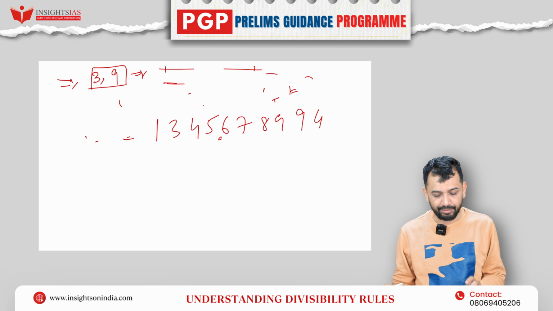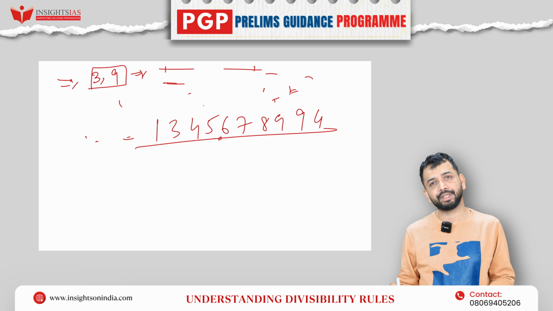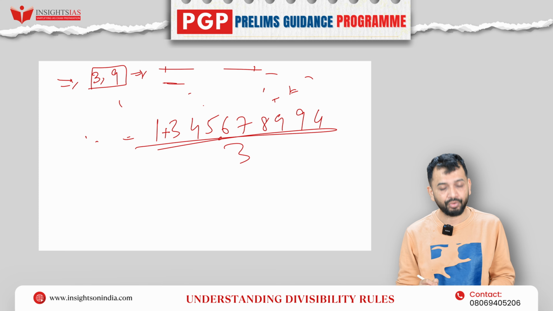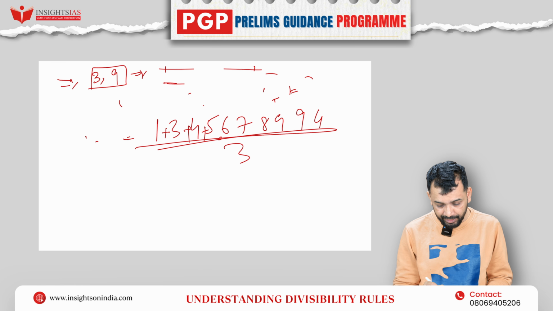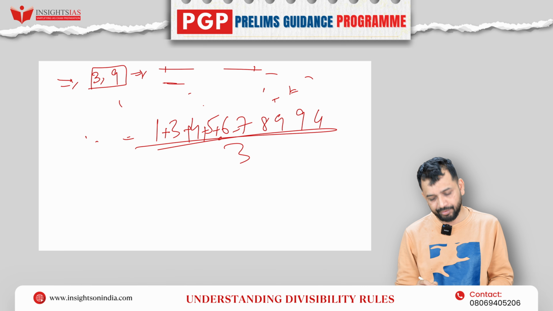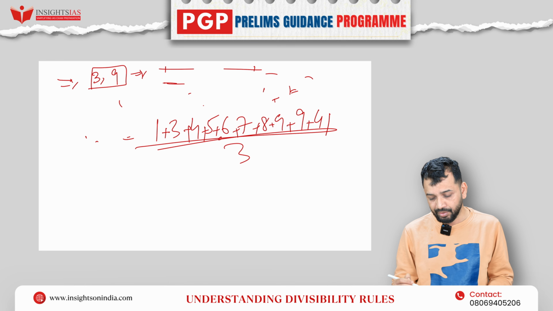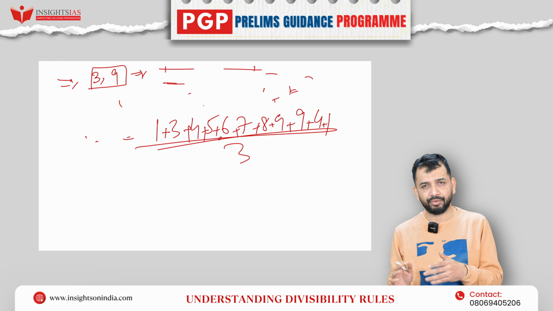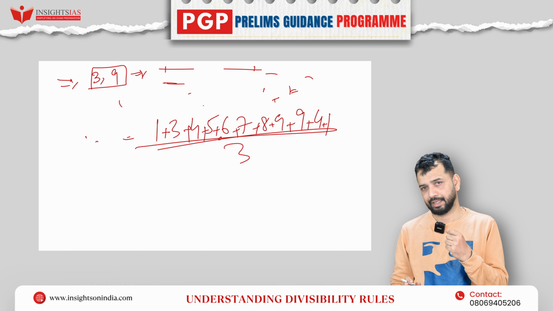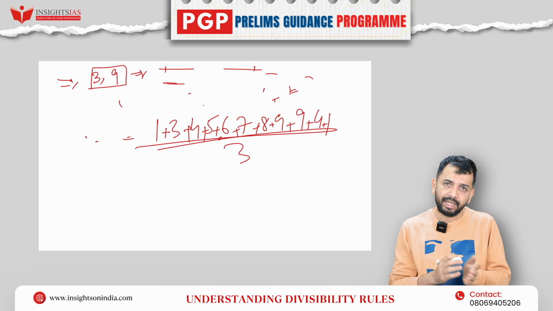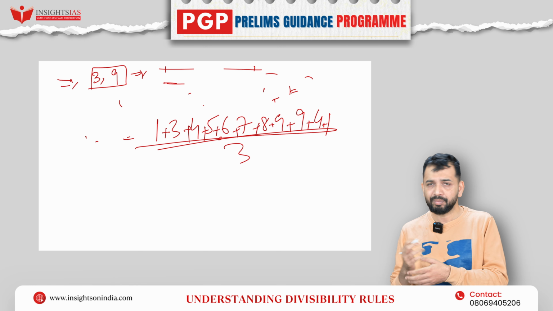Now if I want to check whether this number is divisible by 3, adding: 1 plus 3, 4, 4 plus 4, 8, 8 plus 5, 13, 13 plus 6, 19, 19 plus 7, 26, 26 plus 8, 34, 34 plus 9, 43, 43 plus 9, 52, 52 plus 4, 56, plus 1, 57. Now 57 is divisible by 3. But adding this much, if you make one calculation mistake, then the entire calculation can go wrong and you may end up making mistakes.